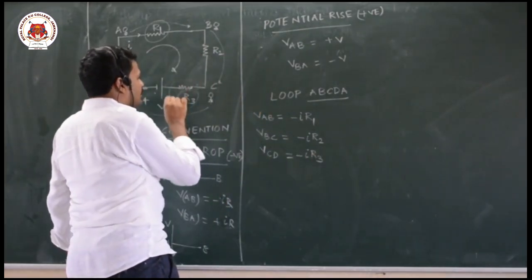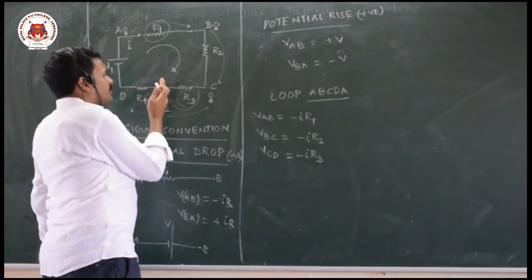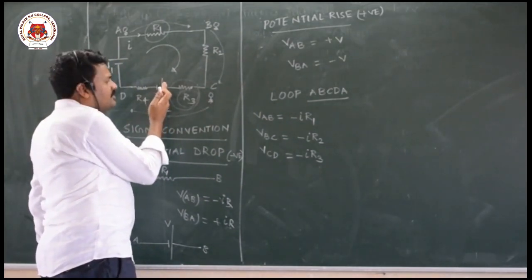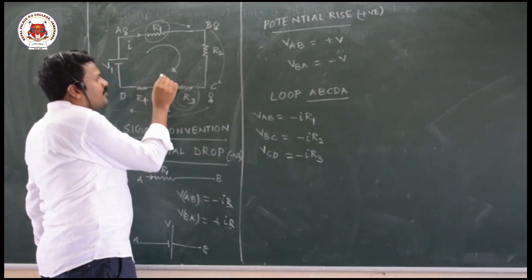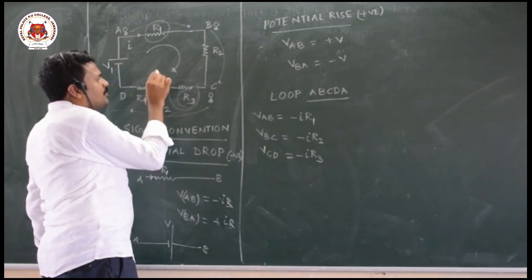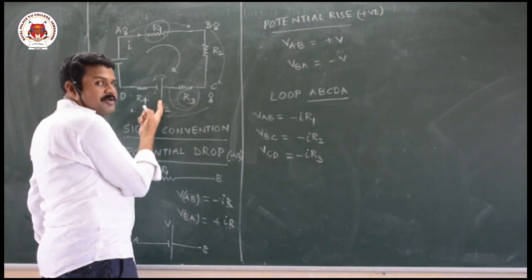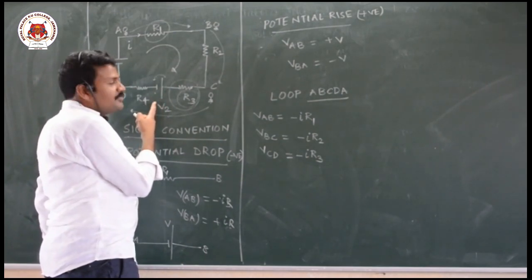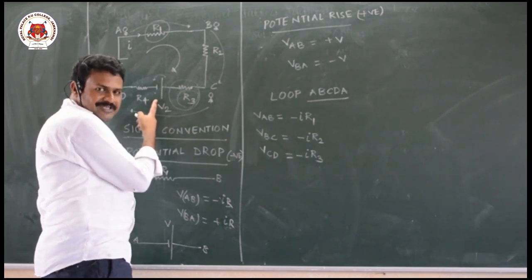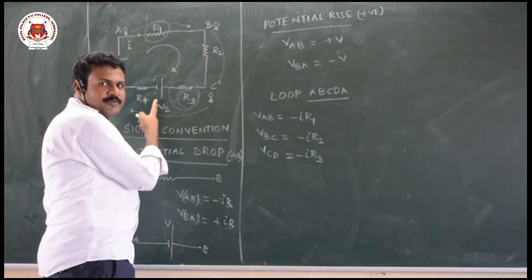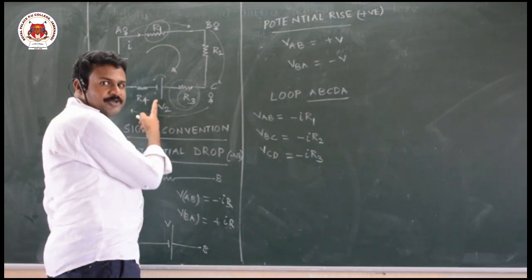Next you have a cell here. When you are moving from this side to this side, you are going from positive end to negative end. So when you are moving from positive terminal to negative terminal, potential drops. Inside a cell, when we move from positive terminal to negative terminal, potential difference is negative.